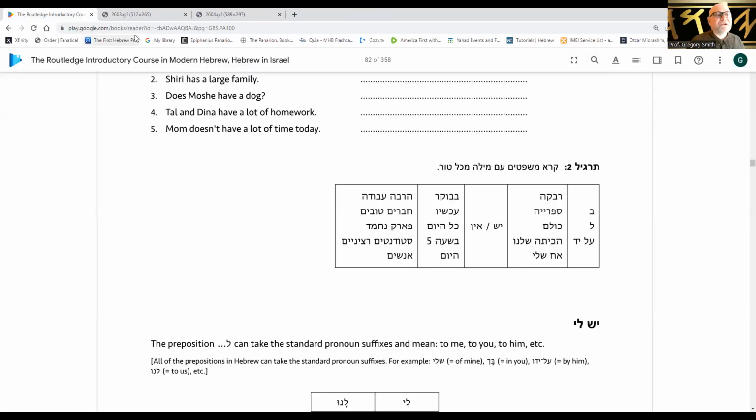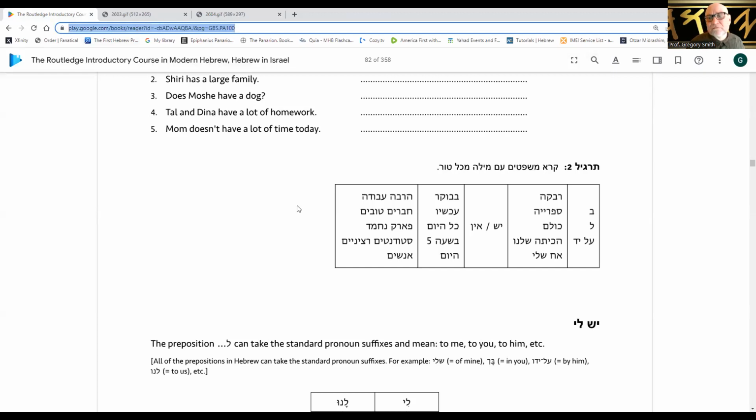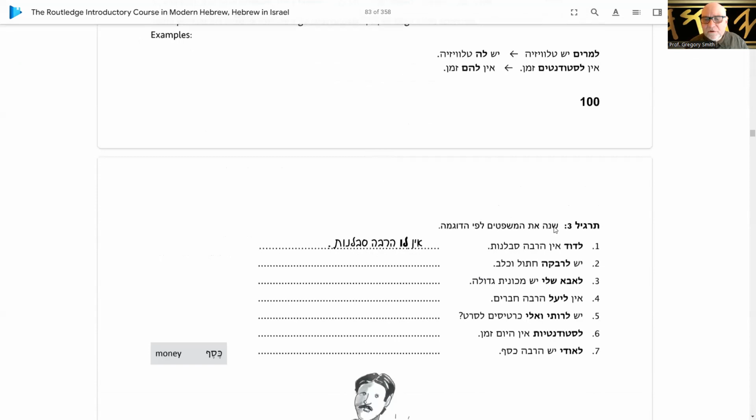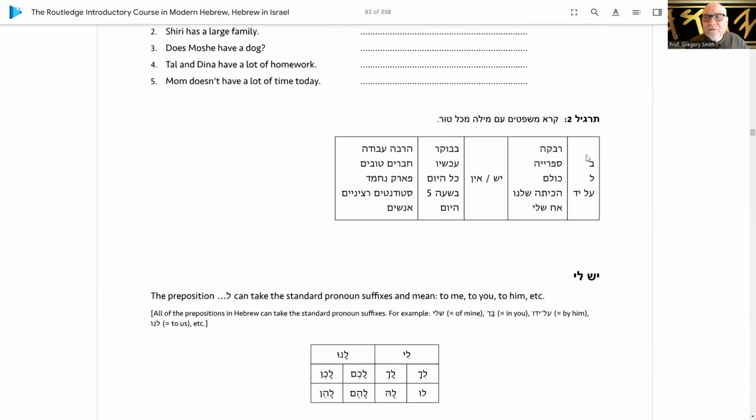So it looks like we're stuck just figuring this out together here. Okay, so in number 3, we have the answer key here, but they don't include the answer key for Targila 2. Isn't that a shame? Maybe because there's more than one answer. That could be it. Let me check something here.